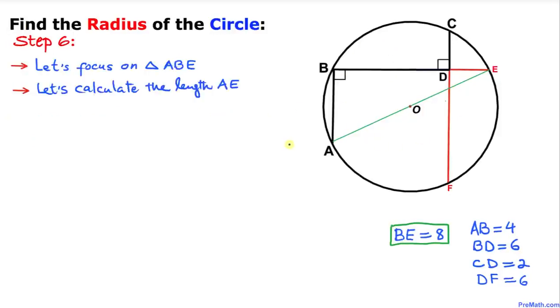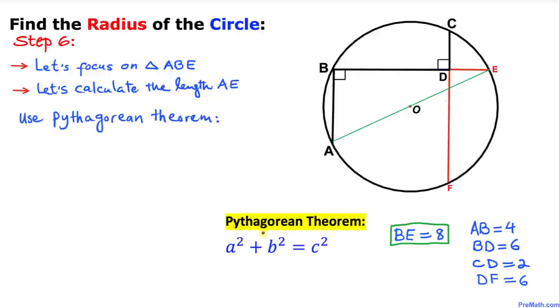And here is our final step. In this right triangle ABE, we are going to calculate the length of this AE. And since this is a right triangle, we are going to use the Pythagorean theorem. And here's the Pythagorean theorem. A square plus B square equals C square.